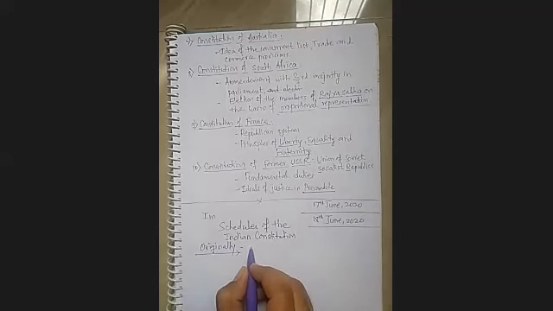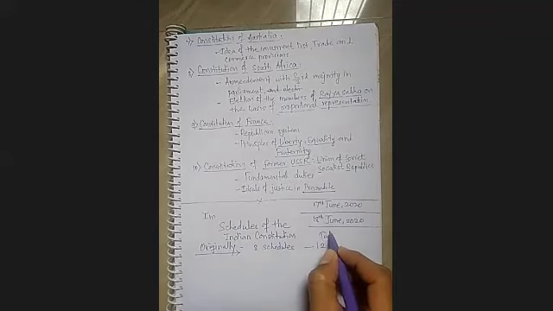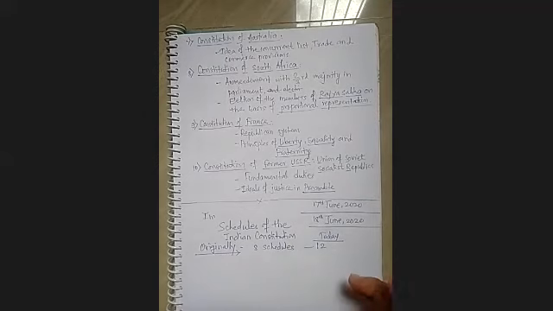So originally 8 schedules were there. Today there are 12 schedules, right? By amendments, some of them have been included. Originally there were 22 parts.